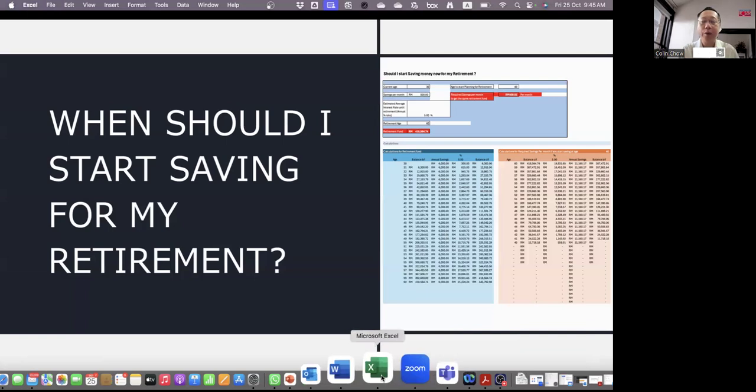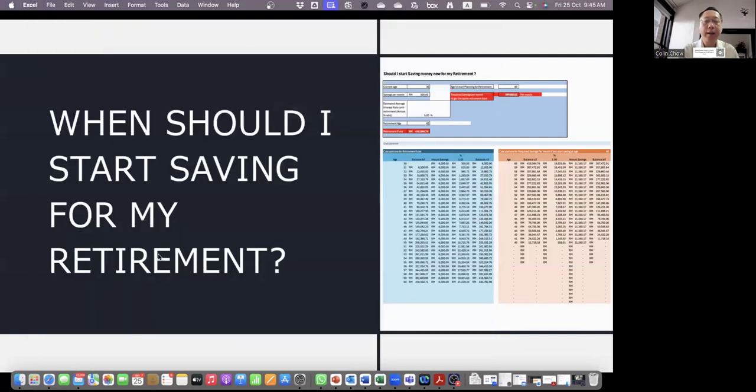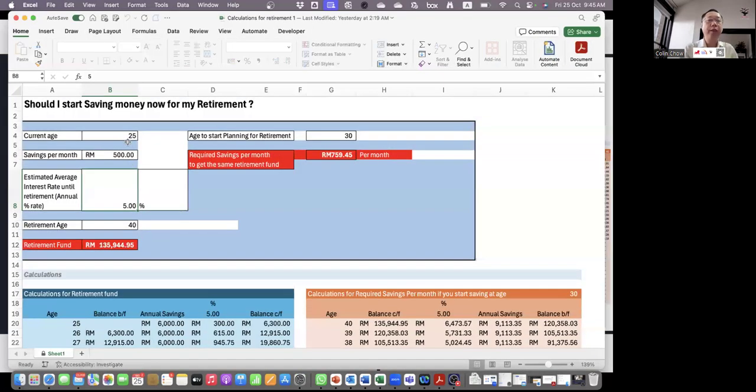Okay, so this model looks like this. Calculation for retirement.